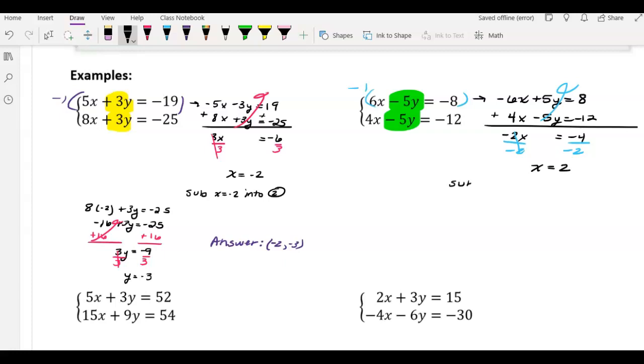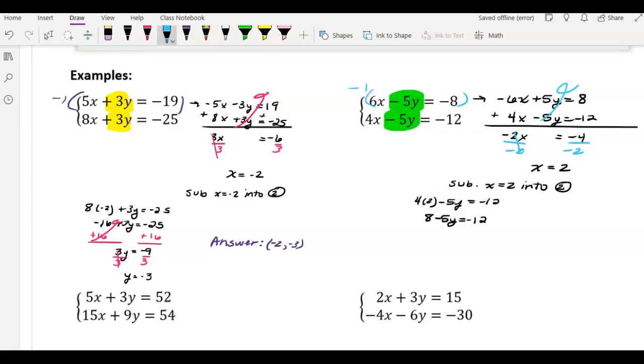We're going to substitute that x equals +2 into the equation we did not manipulate. In this case, it is equation 2 once again. So we have 4 times 2 minus 5y equals -12. So I have 8 minus 5y equals -12.